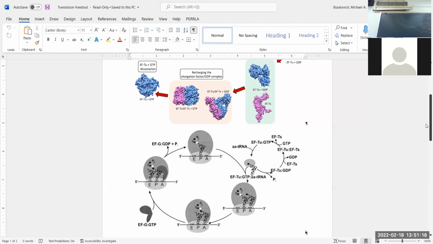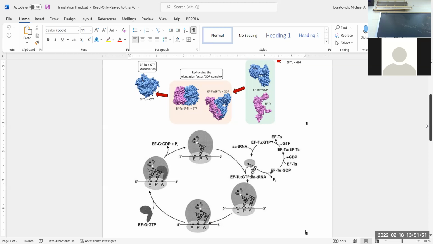In the bottom part, in the second to last one where the EFG is connected in the A site, what determines when that leaves and a new tRNA comes? When the translocase leaves? Yeah. Once the ribosome has moved, its job is done. Also, it's hydrolyzed its GTP to GDP. Once it hydrolyzes its GTP to GDP, its affinity for the ribosome goes way down.